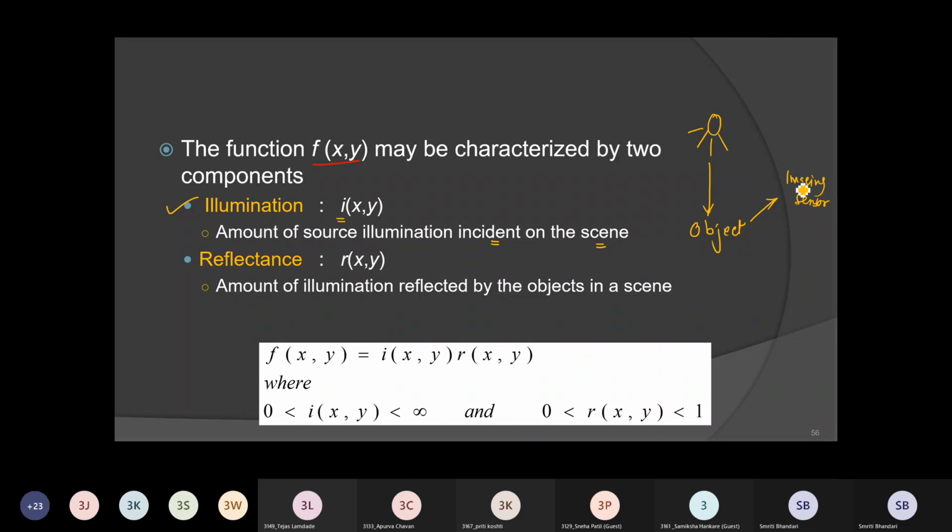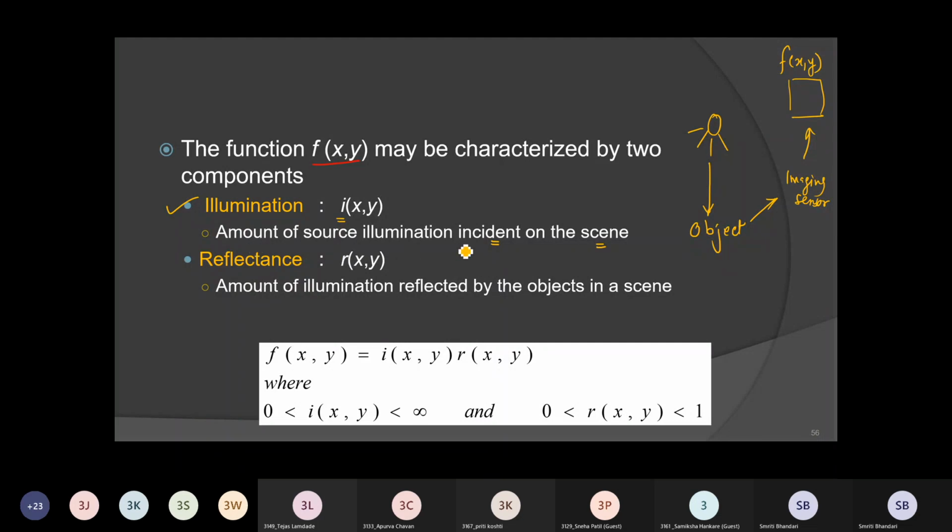So this imaging sensor is actually collecting whatever is the energy reflected by that object, and then further the image is being formulated, right? So this image, whatever we are getting here, we say that this is the function f(x, y), and this f(x, y) is characterized by two components, illumination and reflectance.